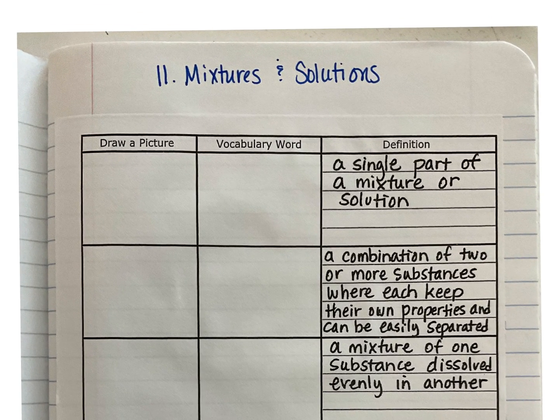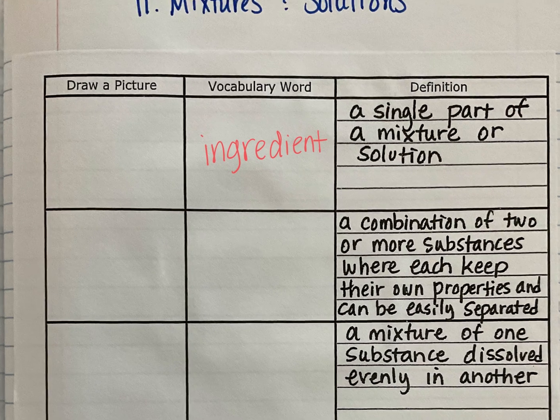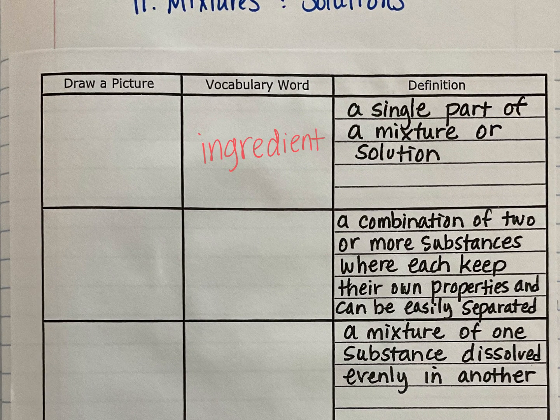Our first word is ingredient. When we're talking about mixtures and solutions, you have to have ingredients. An ingredient is a single part of a mixture or solution. An example of an ingredient, and we're going to draw a picture of, would be salt.